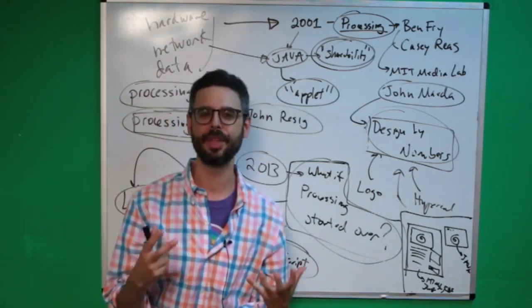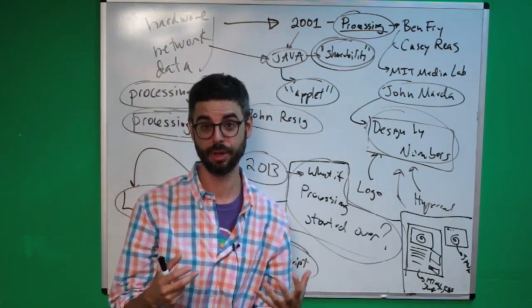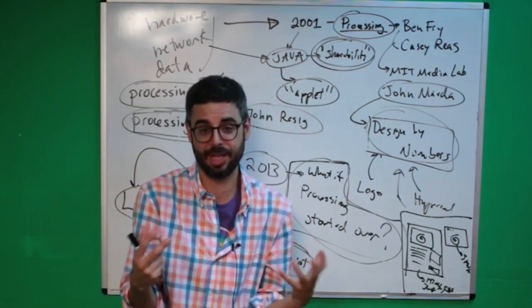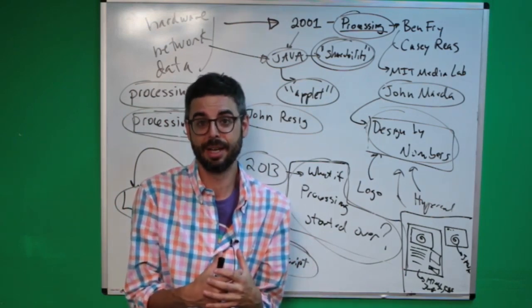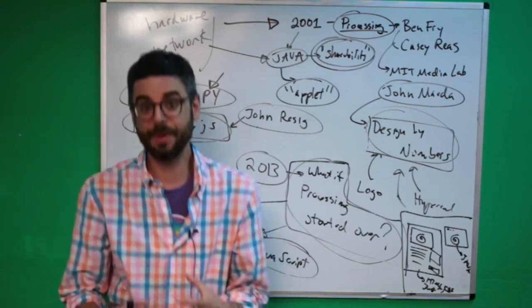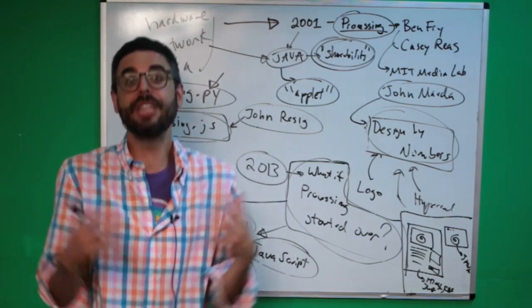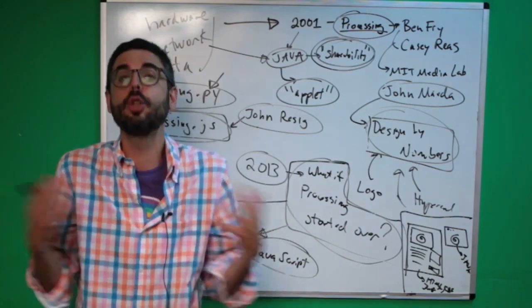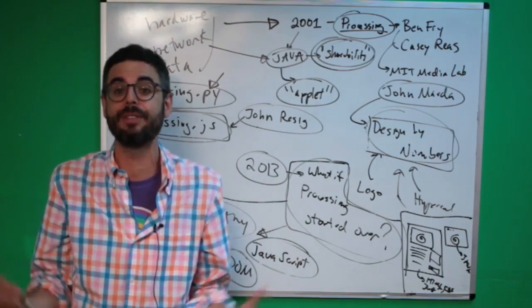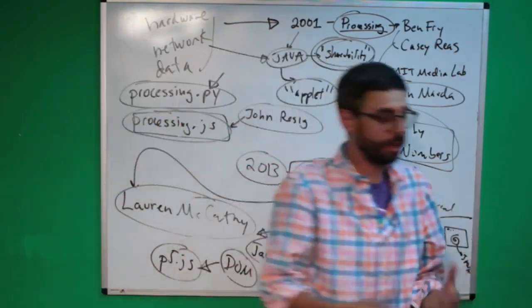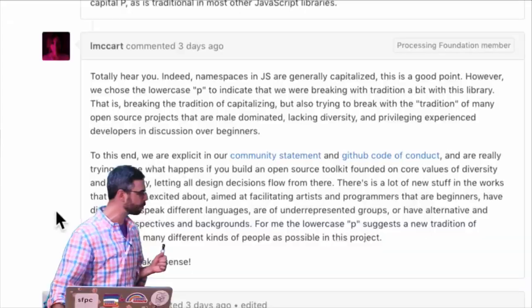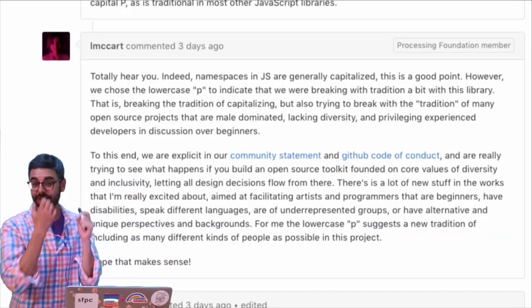How do we make something that responds to the cultural landscape of today, that breaks with some of these traditions in open source development that have excluded a lot of people of varying backgrounds and skill levels and genders and so on? So that's really a key core principle.